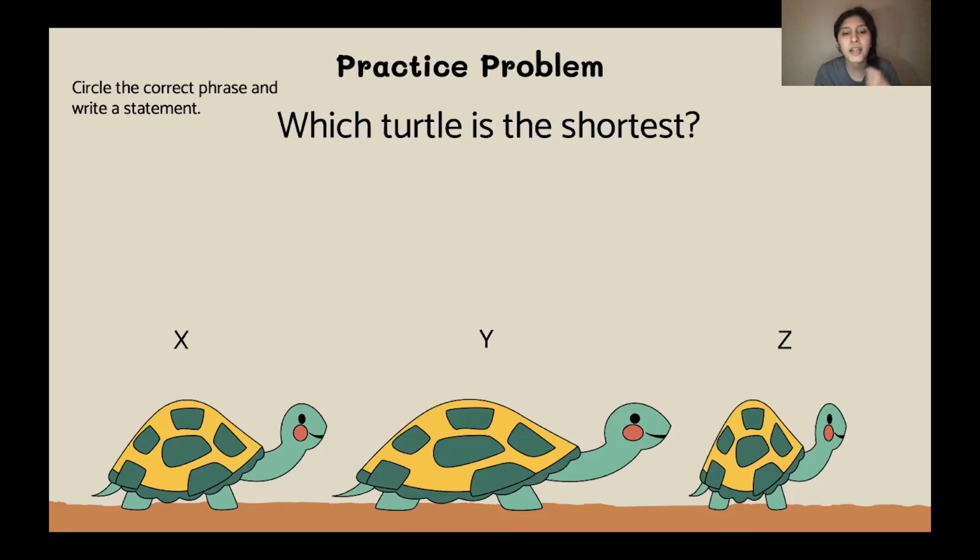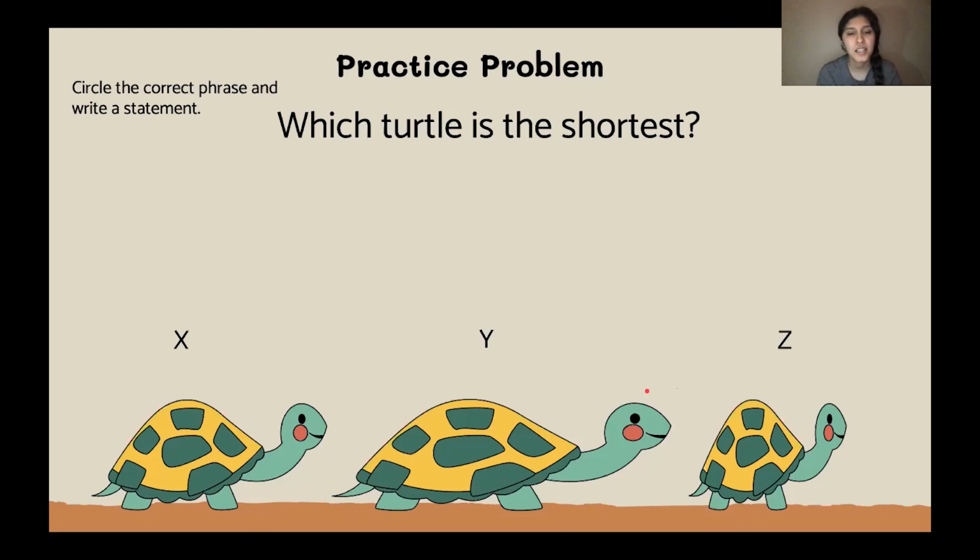So go ahead, get your piece of paper, try to measure them, and write down which one you think is shortest and write your statement. So blank is the shortest, or turtle blank is the shortest. So go ahead, do your best, and when you're ready, hit unpause.